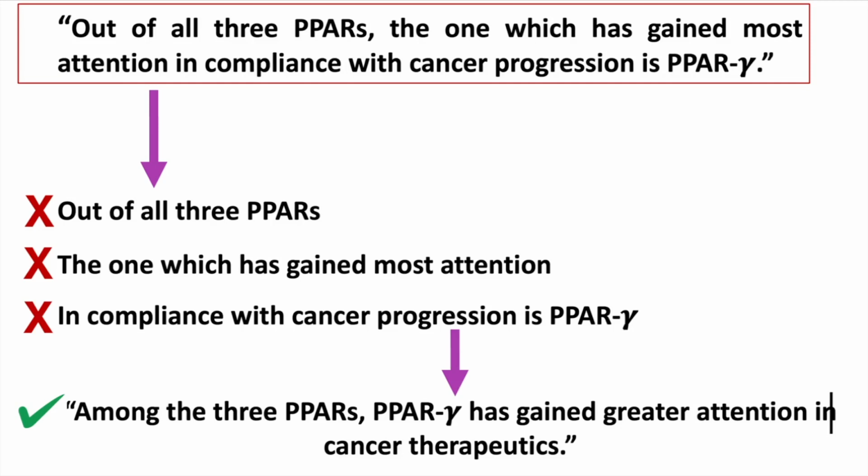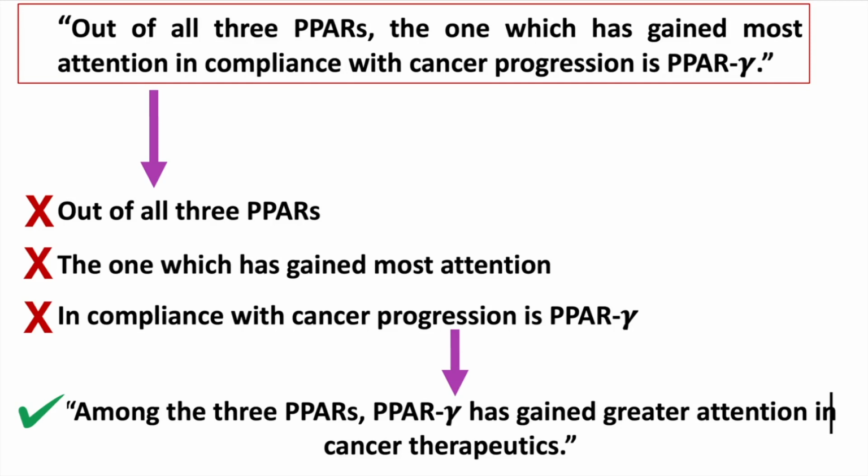Let me tell you what is wrong here. The phrase "out of all the three PPARs" is wrong. Instead, we can write "among the three PPARs", because you are denoting that there are three isoforms and you have to choose one of them, which is the most studied.